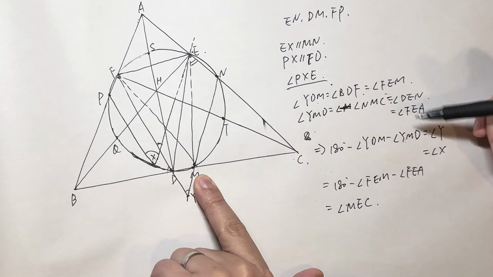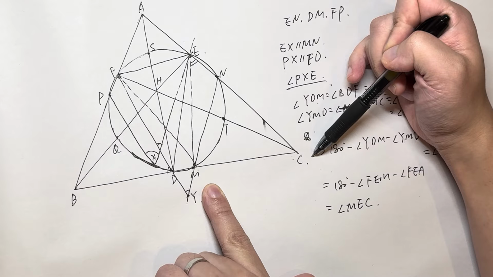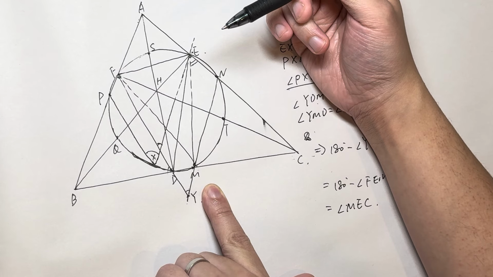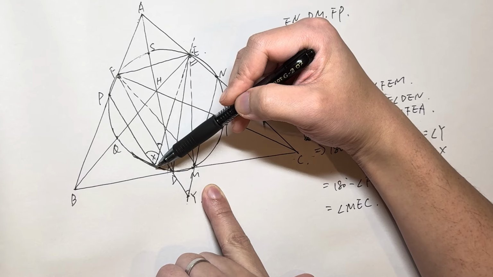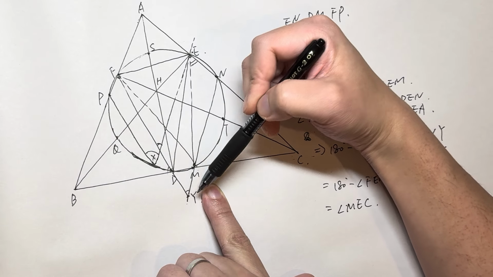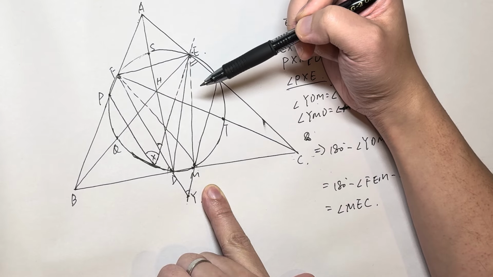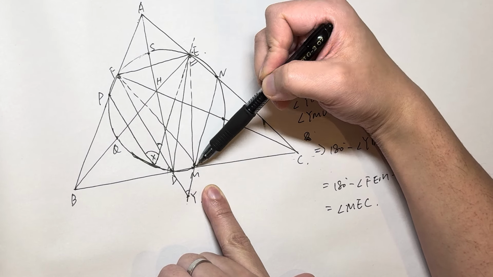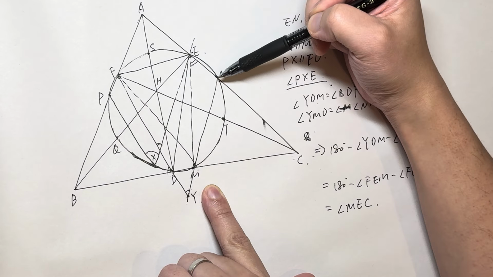Okay, yeah, that's correct. So the angle MEC. And what about angle MEC? We want to prove that angle X equals angle Y equals something like angle PME, right? Or angle PNE.